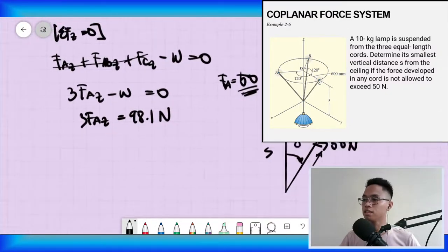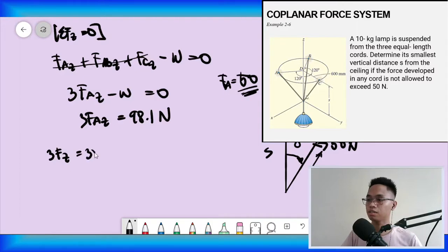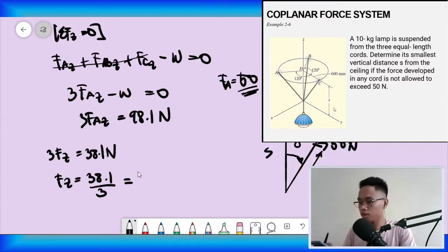We can solve that using our 3 FAZ, which is equal to 98.1 Newton. So our FZ is 98.1 over 3.